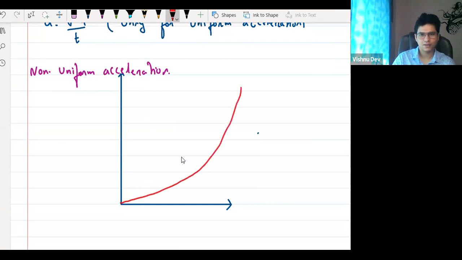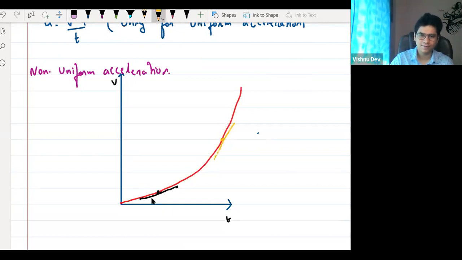अब एक चीज बताओ. Suppose you're talking about this point. This is V and T. At this point, the slope will be this high. At this point, the slope will be this. Agree? Yes or no? But at any other point, the slope would be different. यहाँ पे slope ऐसा हो जाएगा.